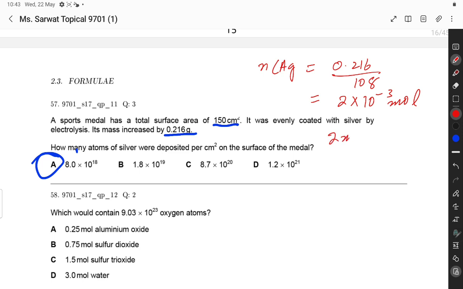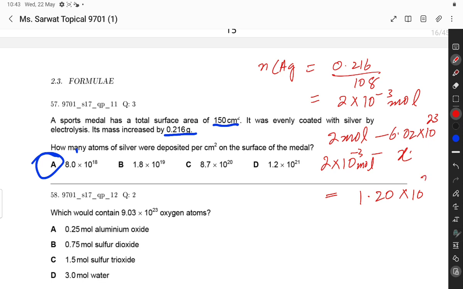So 1 mole has 6.02 × 10^23. So what would be the number of particles if we have 2 × 10^-3 mole? Taking the ratio as X, this is equal to 1.20 × 10^21, by using cross multiplication.